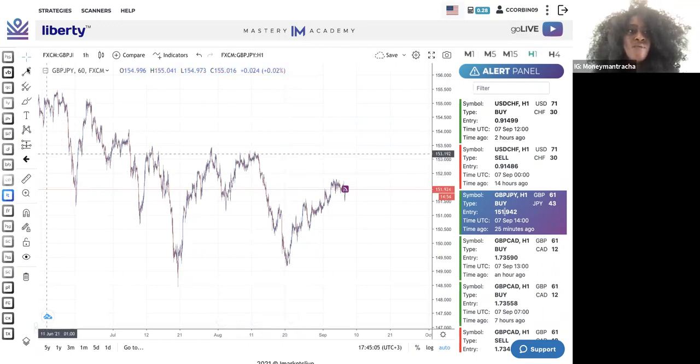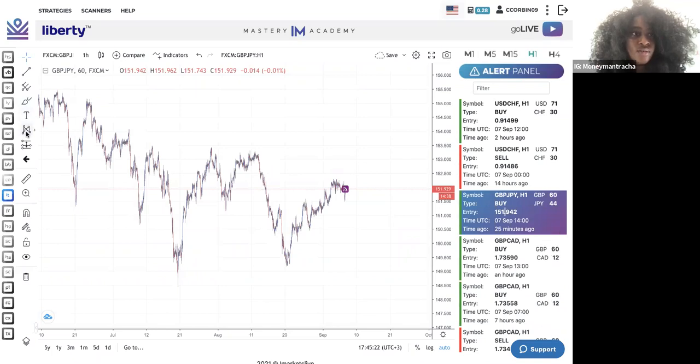So this is another tool. If you've ever used the harmonic scanner, this is another indicator that they have pre-built in to make it easier for us to call trades. This tool is directly under the text tool, and it looks like a little geometric shape.